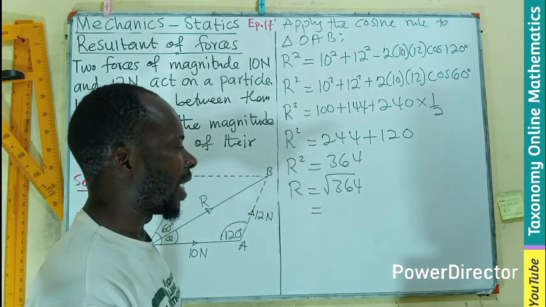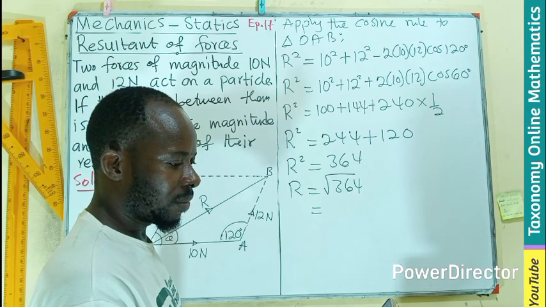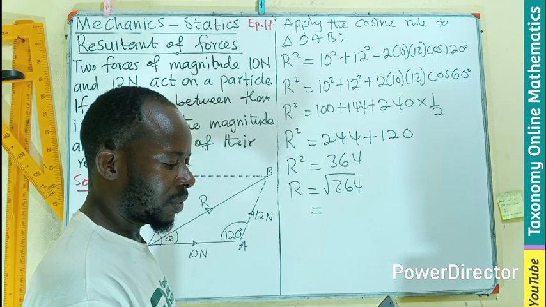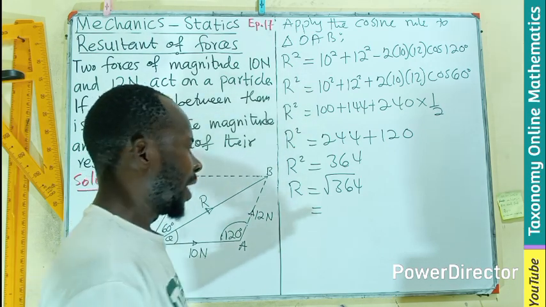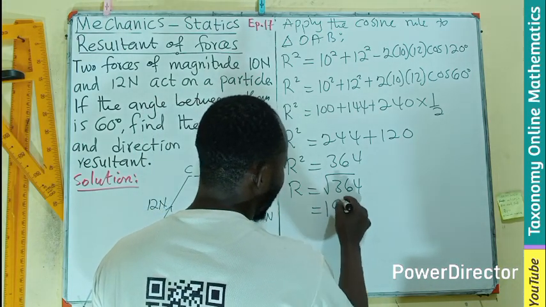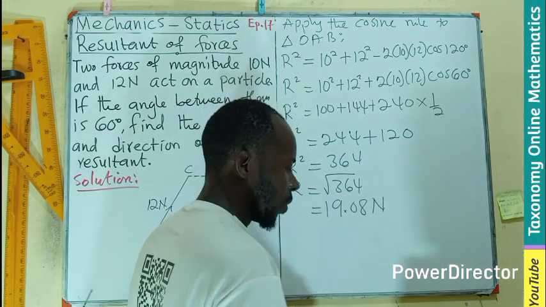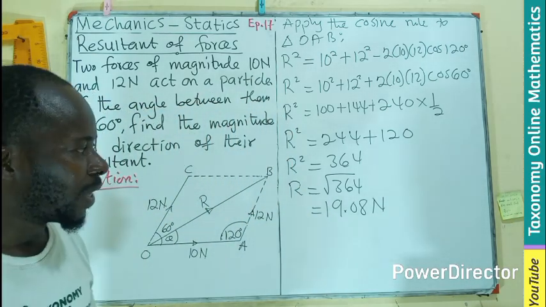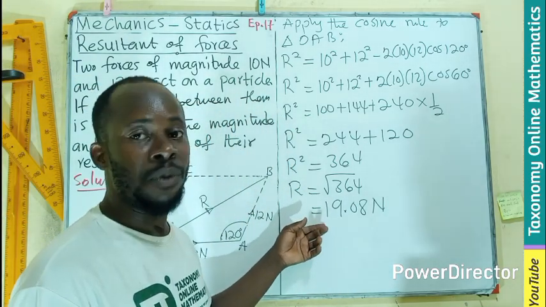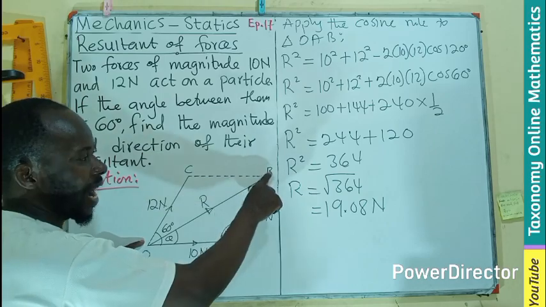Okay, that would be 19, I guess. Let's see. And that will give us 19.08. This is a force, so we have what? Newton. Remember, this is just the magnitude of the force we are having here.